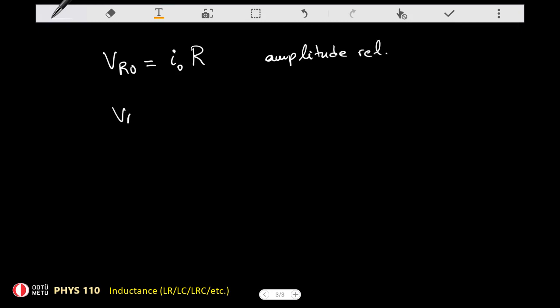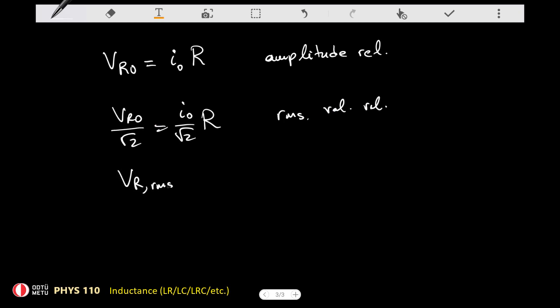Or I can basically divide these amplitudes by root 2, and in that case I can express this relationship in RMS value. So therefore the RMS value of the potential drop on the resistor is equal to the RMS value of the current multiplied with the resistance.